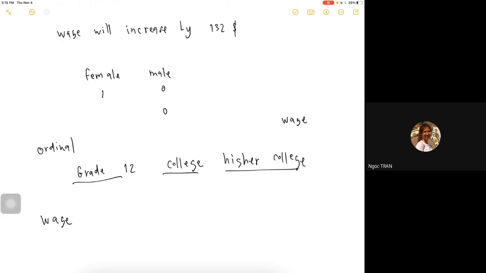And then you think that, okay, higher than college should have the highest wage. So you might say, oh, I cannot use this one as well. I'm sorry. It should be nominal. Oh my God.